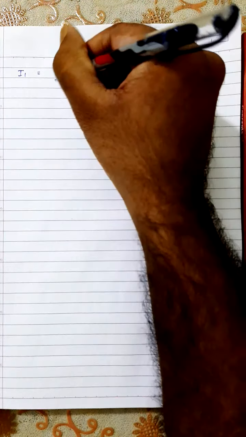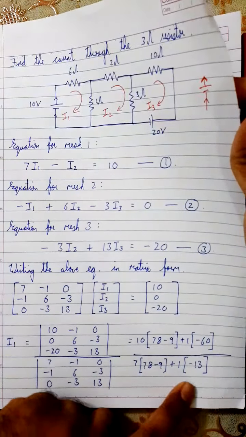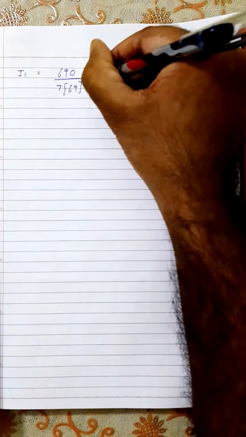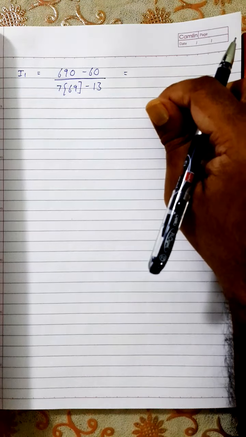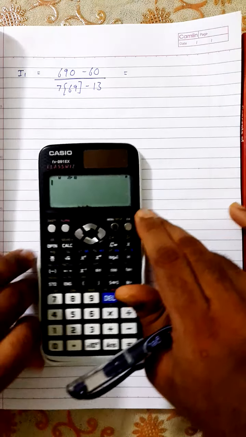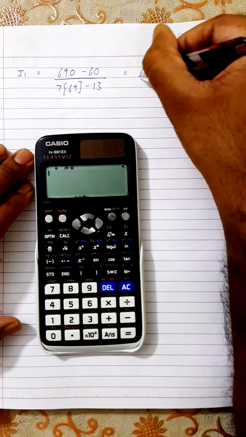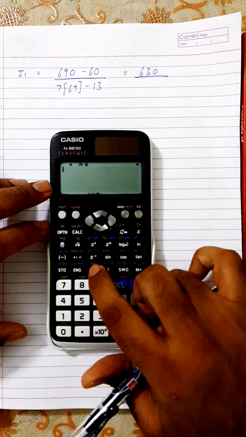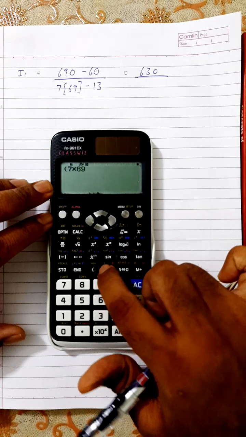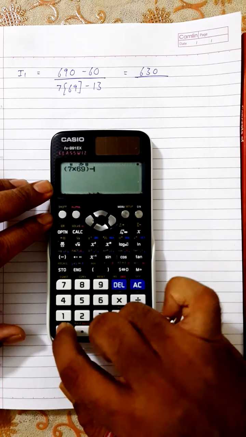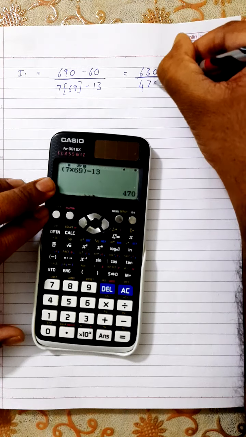So it will become 7 into 69 minus 13. So the numerator will become 630, and the denominator, 7 into 69 minus 13, is 470.